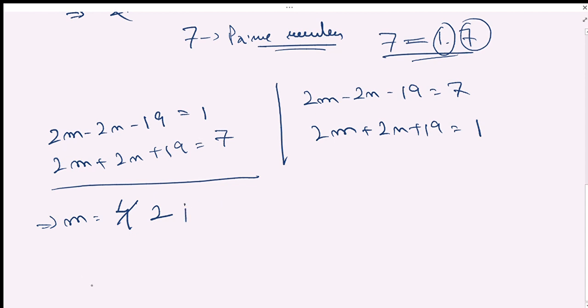Clear? If m becomes 2, then what is the value of n? So n equals 2m minus 20 over 2, and this becomes minus 8. Clear? Got it?